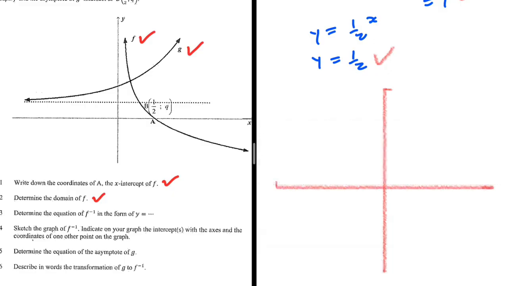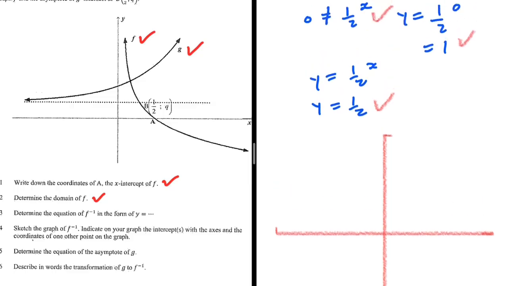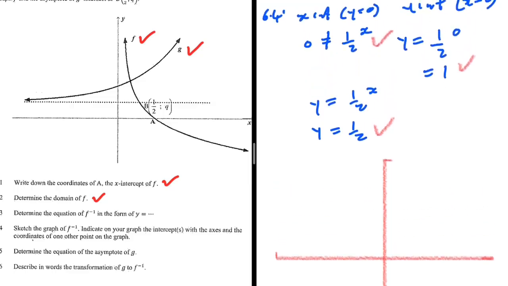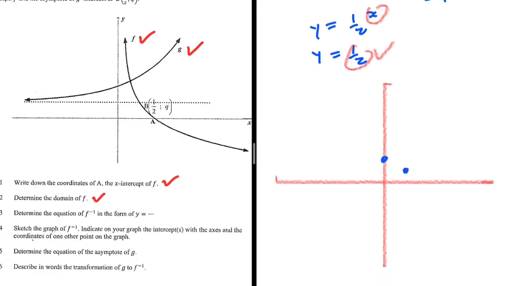Our points of interest: the x-intercept doesn't exist, and the y-intercept is at 1, so we have a coordinate here. And when x equals 1, y equals a half. So somewhere here we have our other point. And then our graph is going to look something like this.